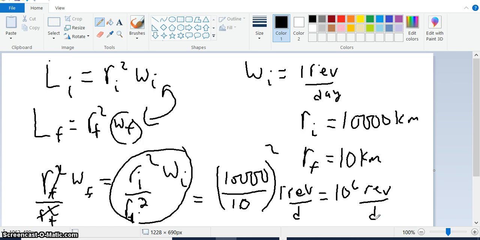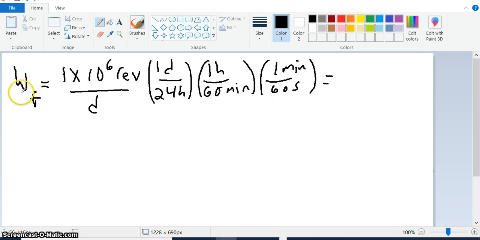Thinking about neutron stars, a neutron star has a radius of about 10 kilometers or so. Remember, we compared it to the size of Manhattan Island in New York. We determined that the final angular speed is 1,000,000 revolutions per day, but it would be nice to have that in better units, more like units of rotating neutron stars.